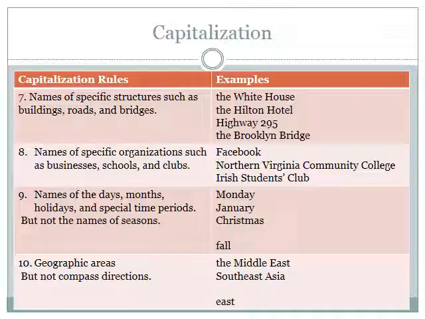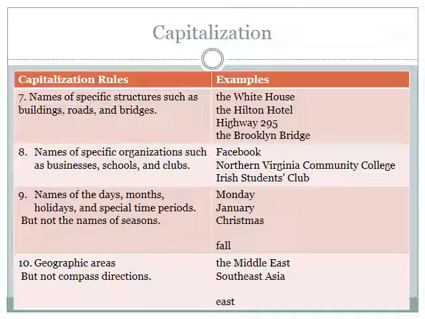7, 8, and 9, we're talking about names. So number 8 is names of specific organizations. Okay, and these organizations could be businesses, they could be schools, or they could be clubs. But any named organization you're going to capitalize. So Facebook. Facebook is the name of a company, so we capitalize that company.